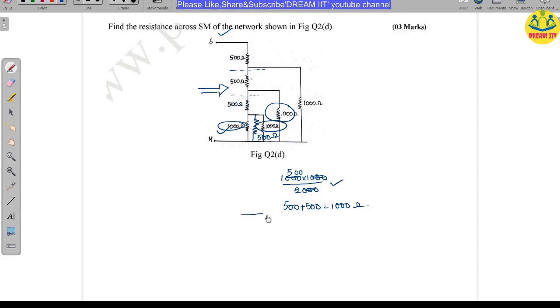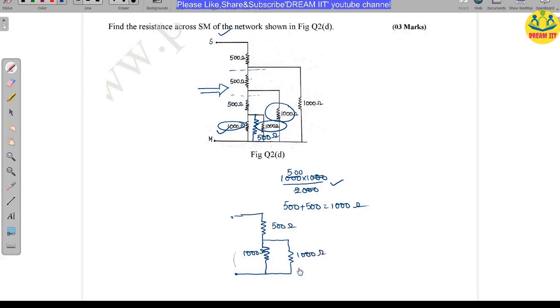I am redrawing the circuit. 500 is there, after that you have 1000, and here you have one more 1000. So the circuit is simplified like this: 500 ohms here, 1000 ohms here, and 1000 ohms here.